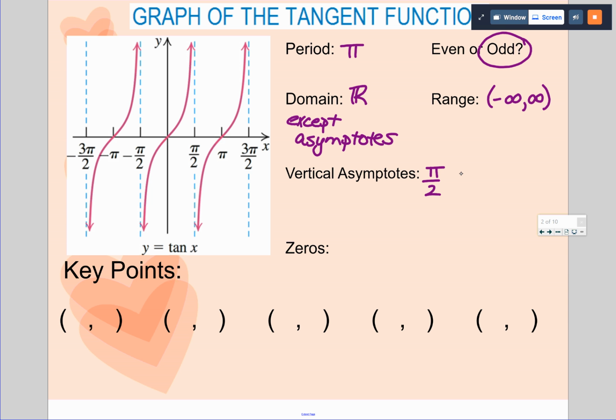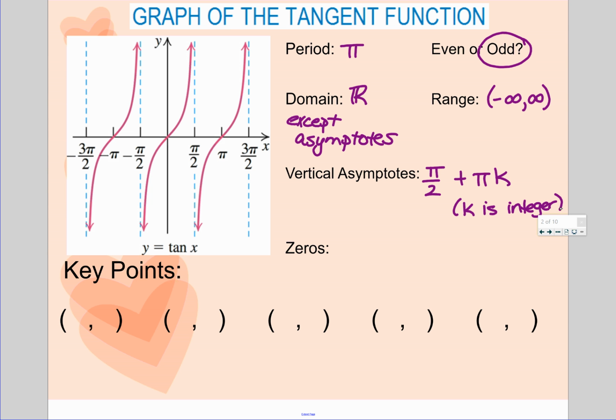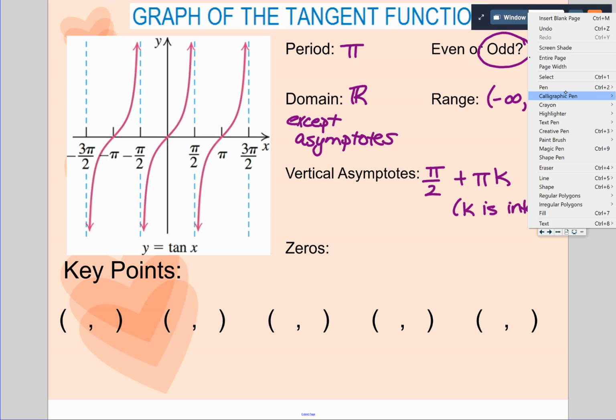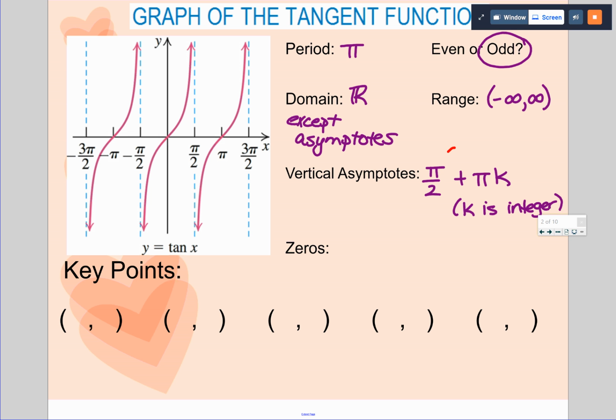So how we write that is plus pi k, and k is an integer. That means every pi units before and every pi units after pi over 2, we have another asymptote. So the form that we're using, if you want to make a note to self, is an asymptote anywhere on the graph plus the period times k. And that'll be the same when you get to the other functions as well.